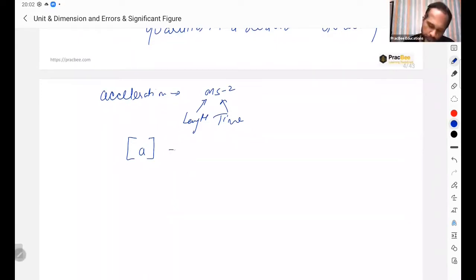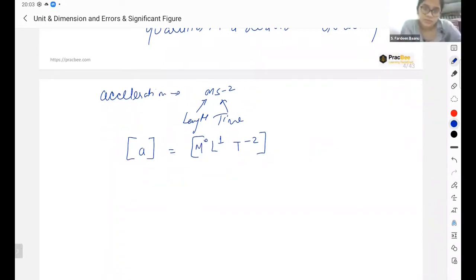The dimensional formula tells us the power of length, the power of time, and also mass, in that physical quantity. So the power of mass is 0, the power of length is 1, and the power of time is minus 2.